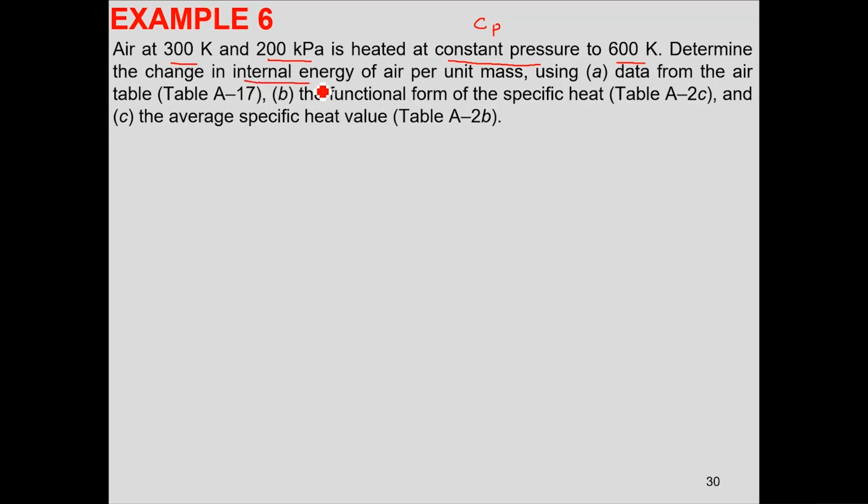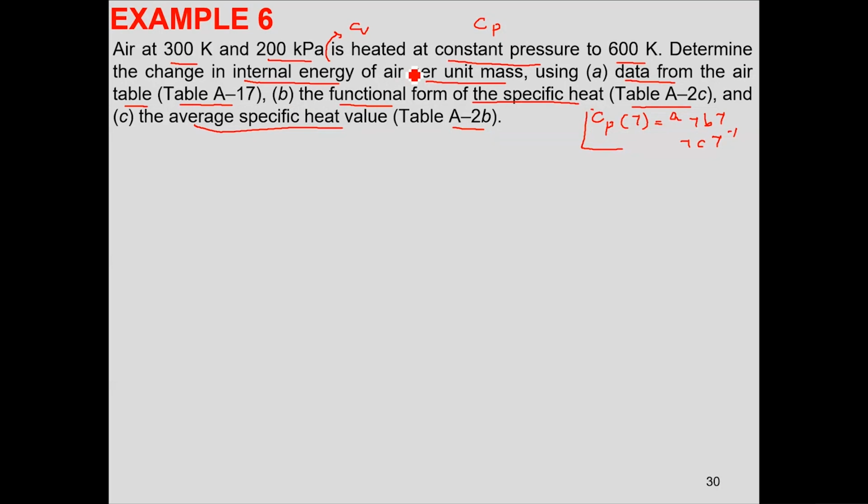Determine the change in internal energy, which is related to Cv of air per unit mass, using, number one, the data from the air table, assuming air as an ideal gas, table A-17. Number two, the functional form of the specific heat, table A-2C, where you have a relationship of Cp(T) in terms of a plus bT plus cT squared and so on. And number three, the average specific heat values, table A-2B. So all three mechanisms are being specified.